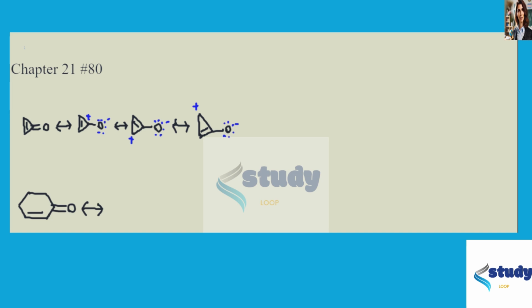And in exactly the same way, we can draw a resonance structure where instead of the double bond between the carbon and oxygen, we're just going to do the charge separated version. So there's the charge separated version.